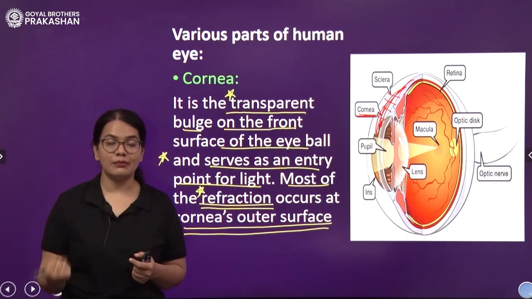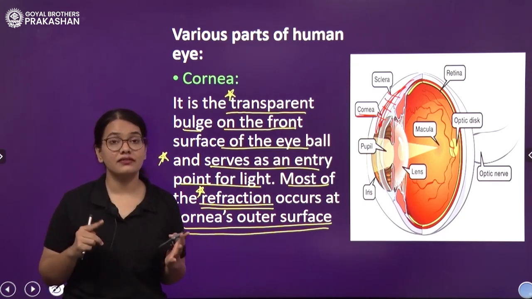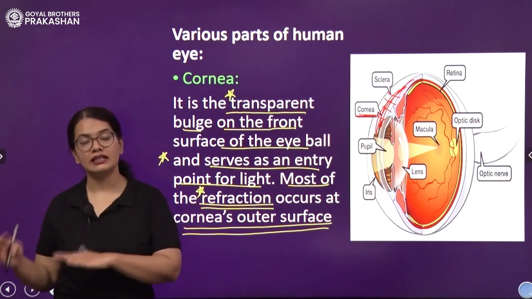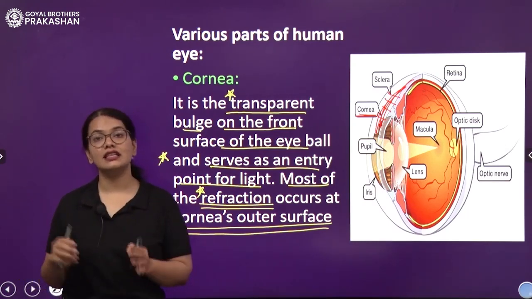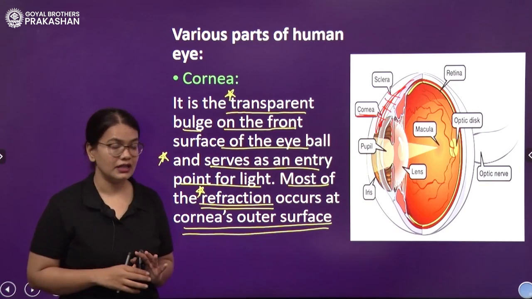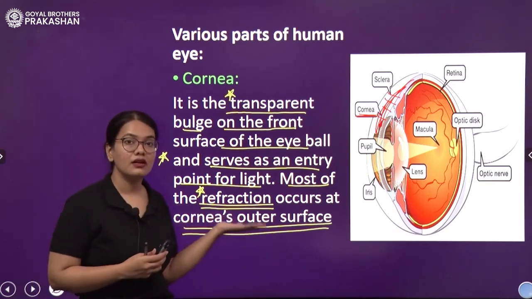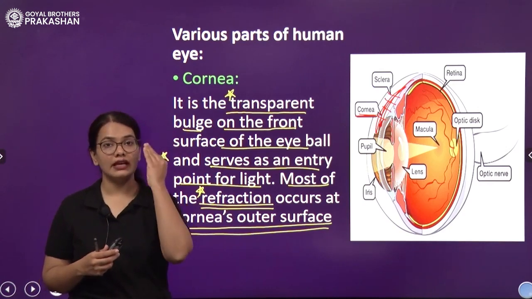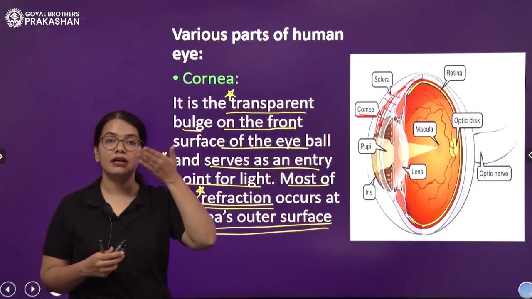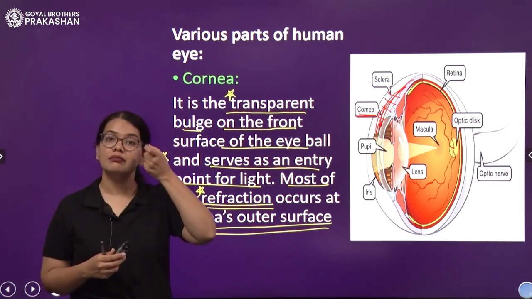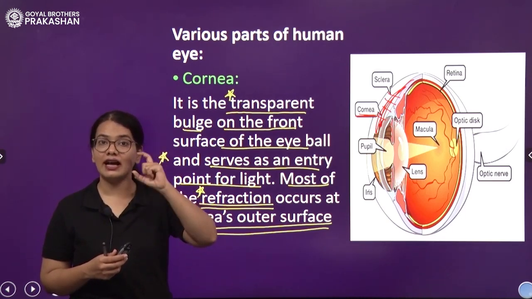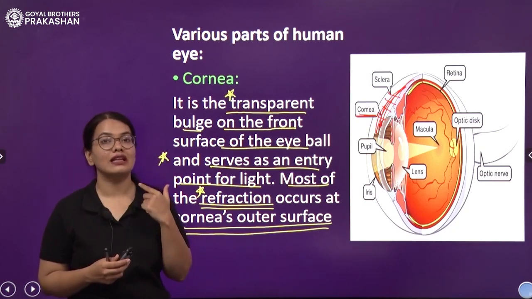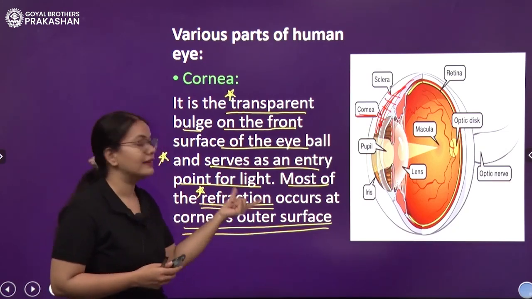If you recall the chapter of light, there we have studied that refraction occurs when light travels from one medium to the other medium, and the optical densities of the two mediums are different. Similarly, the reason for the refraction is the same over here. When the light is coming from the air, it is traveling in the air. But when it goes inside our eye, the medium changes. Inside our eye, there is a different medium altogether. Thus, there is a refraction of the light that occurs at the cornea.